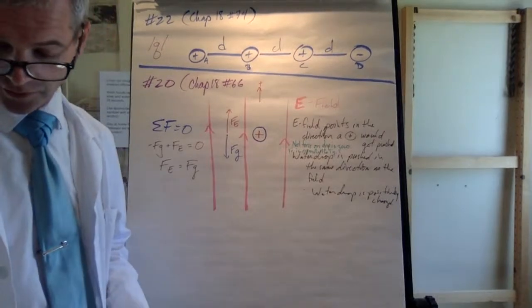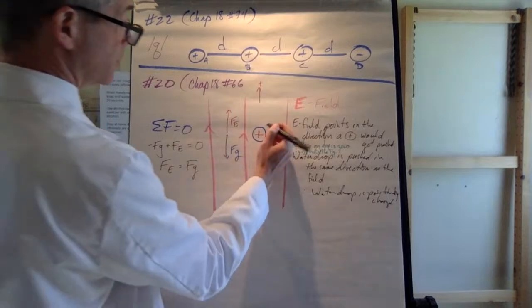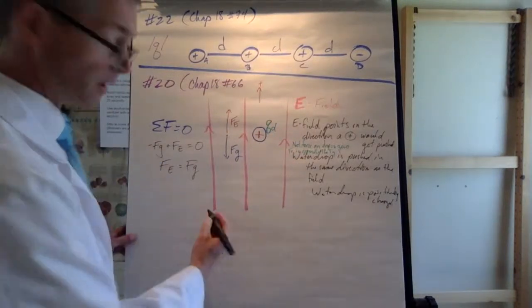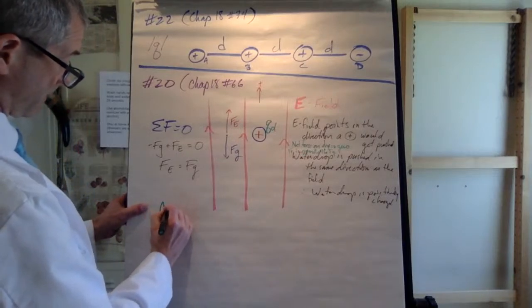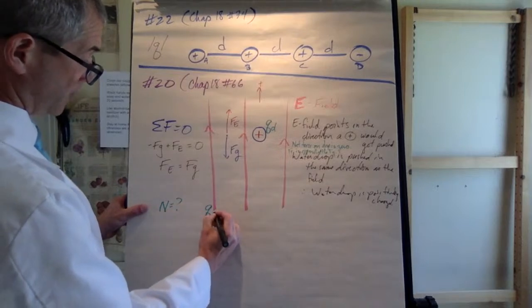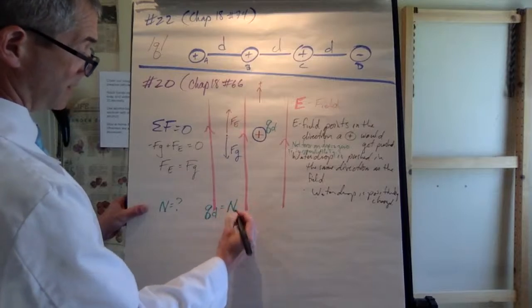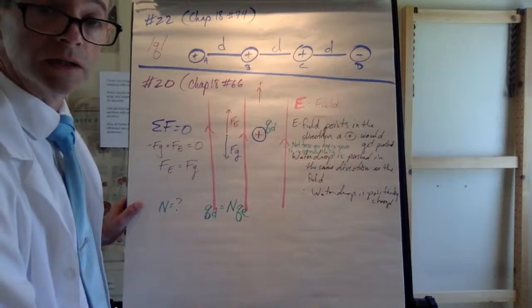How many extra electrons do you have? So the charge on the drop is the number of electrons that you have times the charge of the electron.